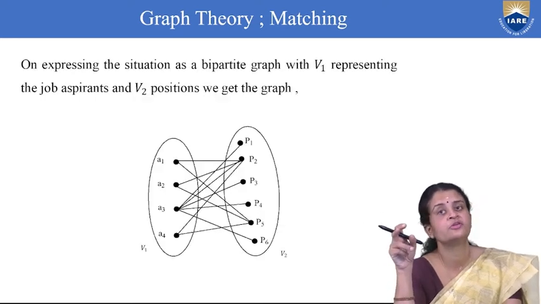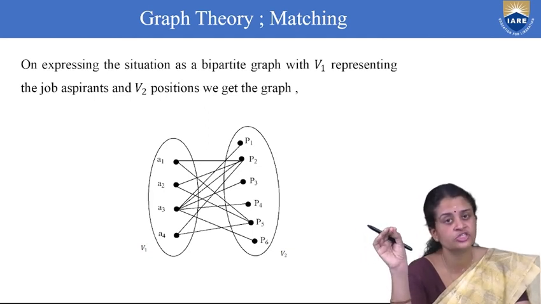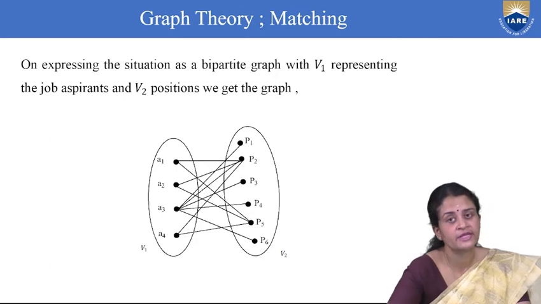We'll see by putting the situation into a bipartite graph, with the applicants and the positions and how they can be filled. A1 can be put to P2 and P5. Similarly, A2 to P2 and P5. A3 can be put to many other positions, and A4 also to P2 and P5.